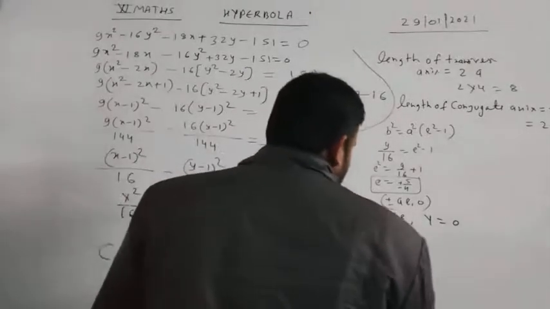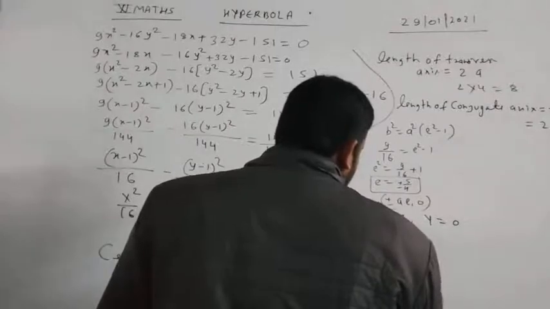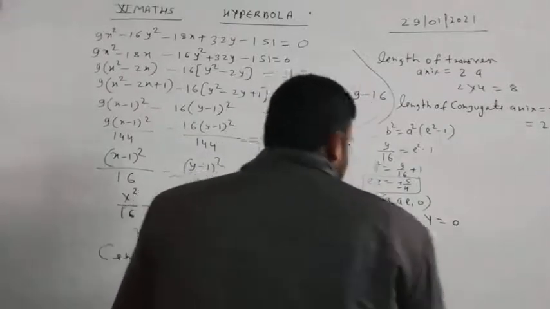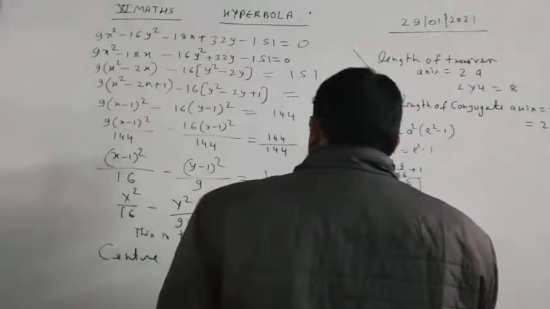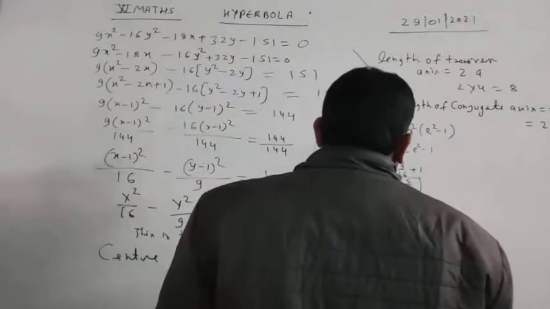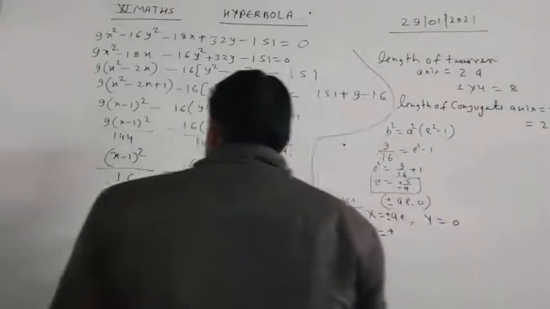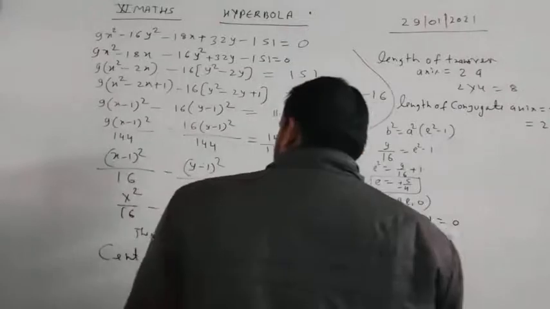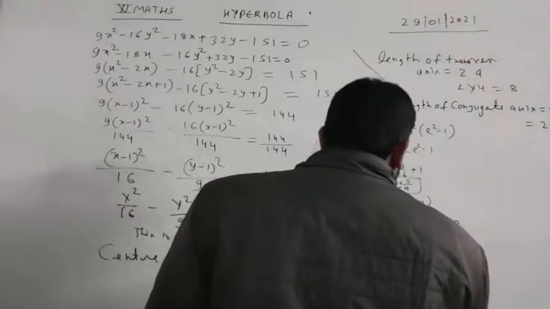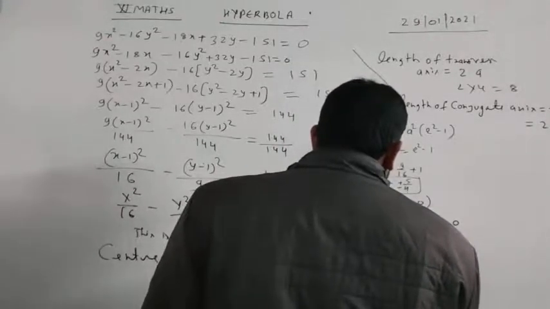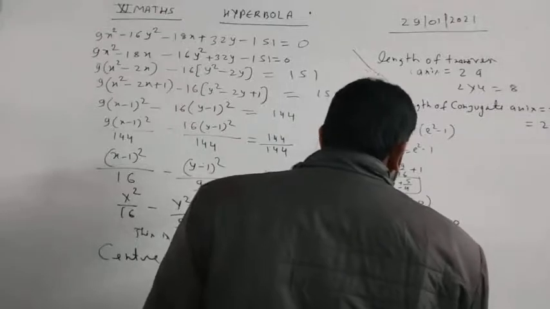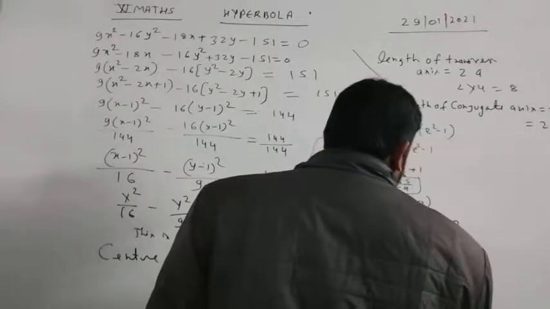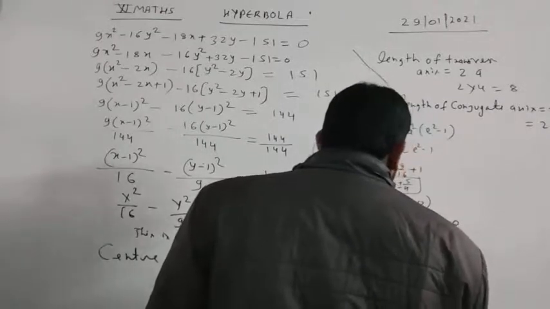Taking the positive sign, our a is 4 and e is 5 by 4, so x minus 1 will be plus 5, so x is equal to 6 and y minus 1 is equal to 0, so y is equal to 1.